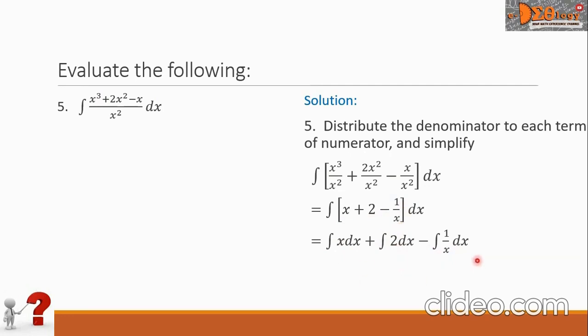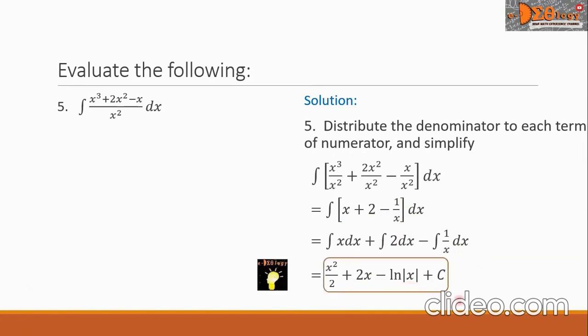Evaluating the respective integrals now, we have x squared over 2 plus 2x minus the ln of the absolute value of x, and then we will add plus C. This is now the final answer.